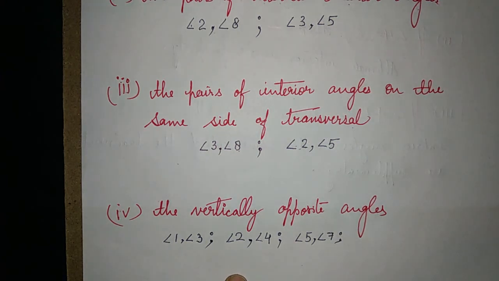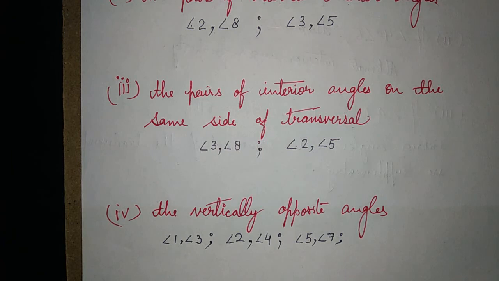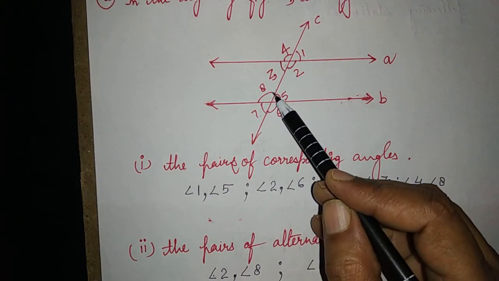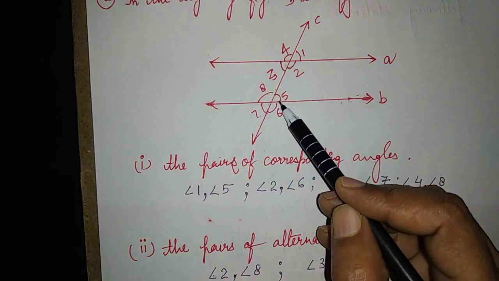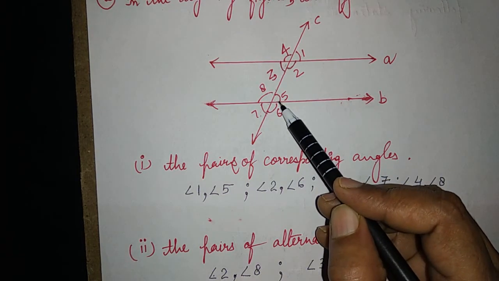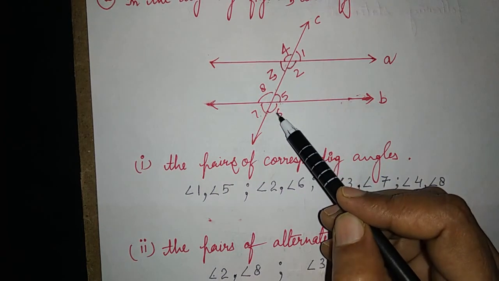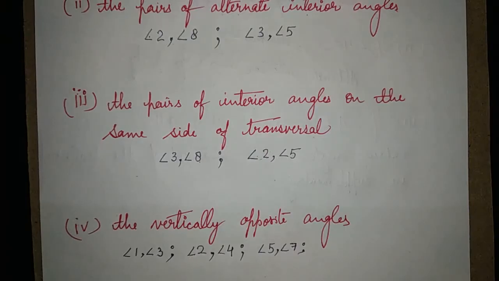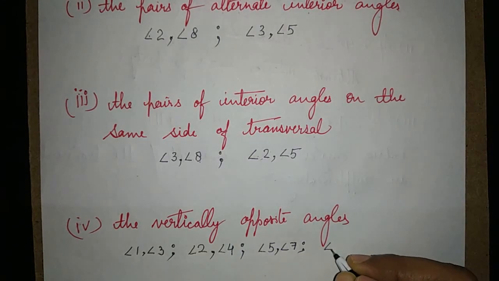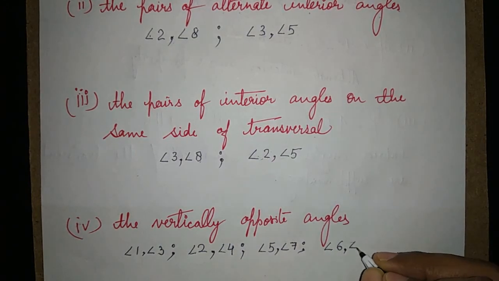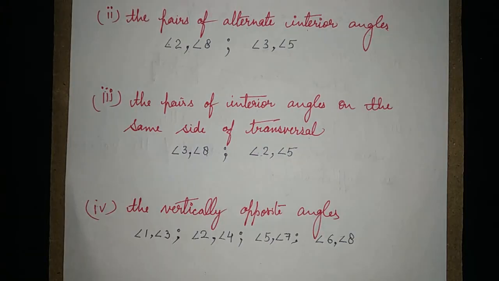Now we will write the last pair of vertically opposite angles: angle 6 and angle 8.